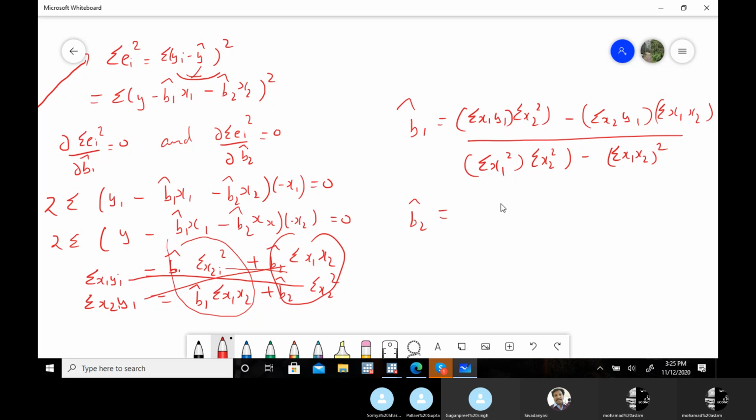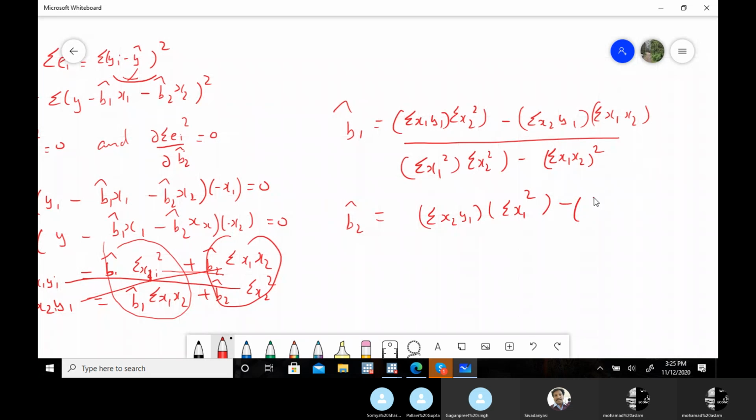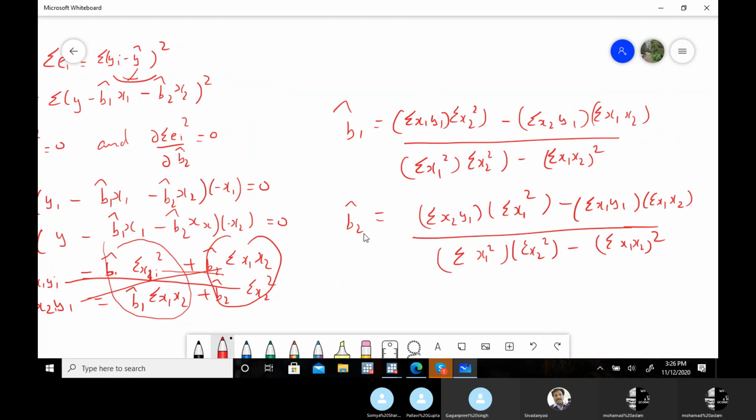That is summation x2 y1 into summation x1 square, and minus again the cross multiplication, summation x1 y1 summation x1 x2, and divided by the cross multiplication of beta 2, so the denominator will remain the same: summation x1 square summation x2 square minus summation x1 x2 whole square. So this is the deviation form value for beta 1 hat and beta 2 hat.